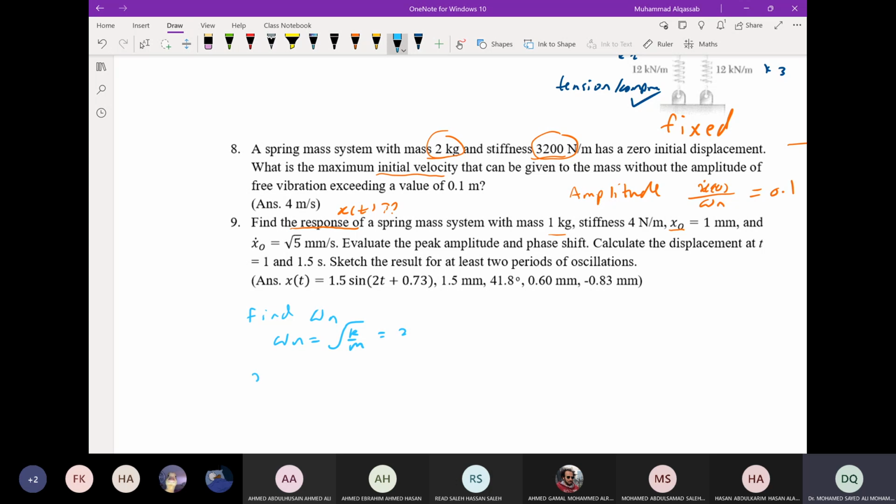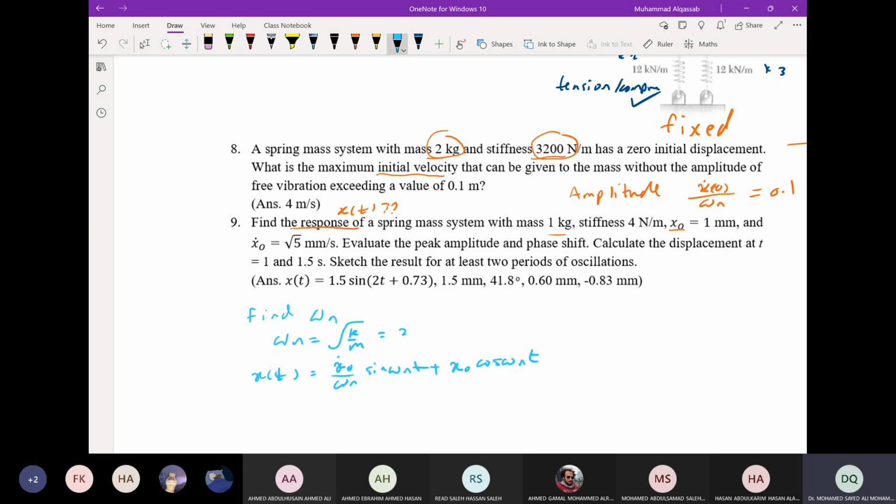The response, x of t, is equal to x dot at 0 divided by omega n sine omega n t plus x at 0 cosine omega n t. And this will give you the response.